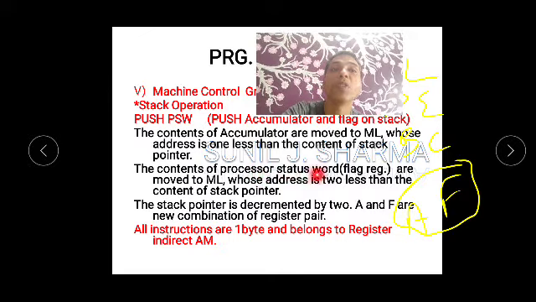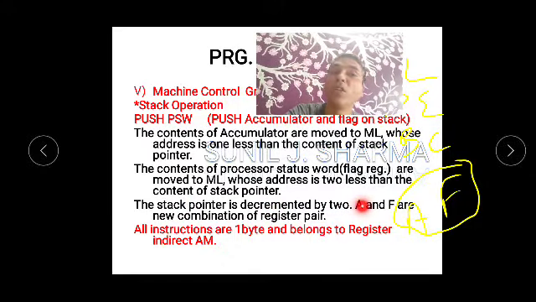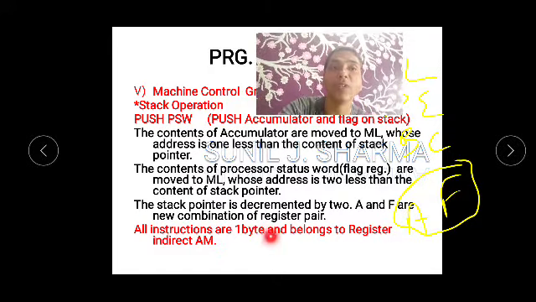The contents of the processor status word, that is the flag, are moved to the memory location whose address is 2 less than the contents of the stack pointer, that means this is your lower order and this is your higher order. The stack pointer is decremented by 2 here also because it is a push operation. A and F, A stands for accumulator, F stands for flag, are the new combination of register pair, and same thing, all the instructions are 1 byte, they belong to register indirect addressing mode.